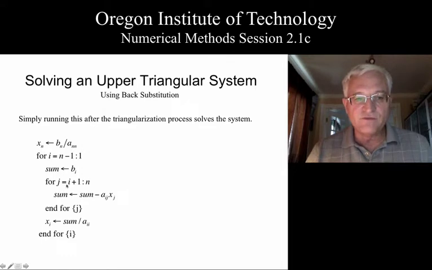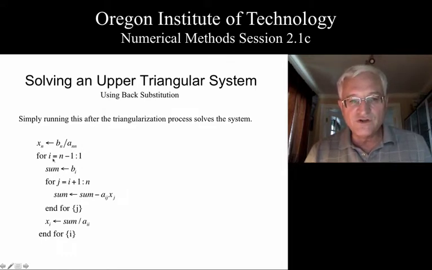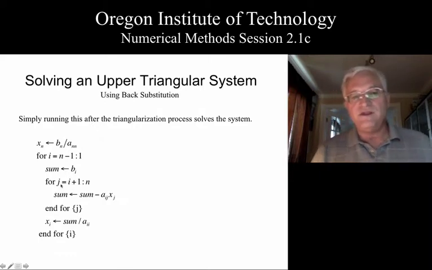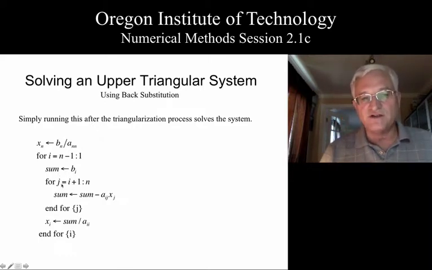But that looks like it's working pretty nicely here in this for loop, because on the very first loop, I is equal to n minus 1. If you take n minus 1 plus 1, you get n back. So that means on the very first pass, our j is going from n to n. Well, that means it's a one-pass loop, and it will pick up x sub j, which is x sub n.